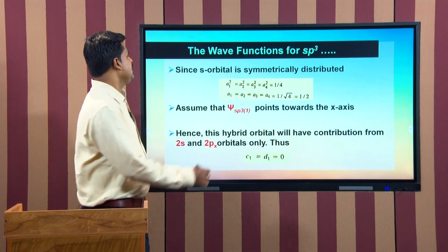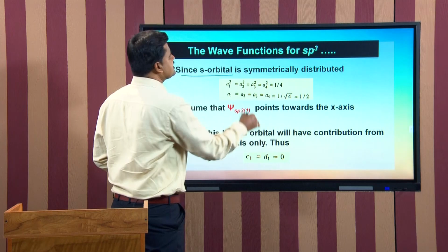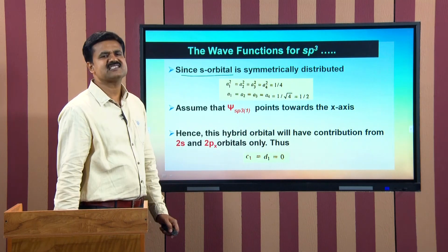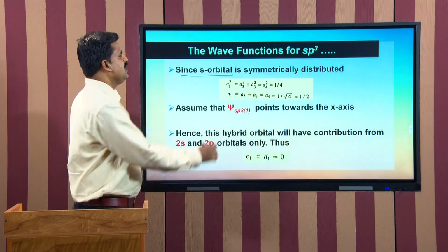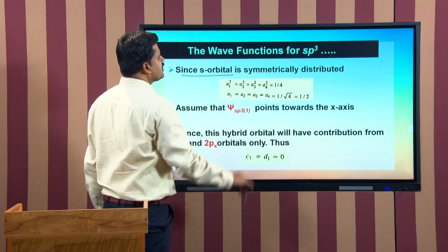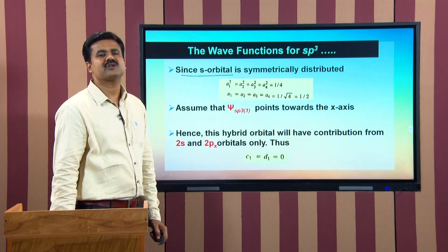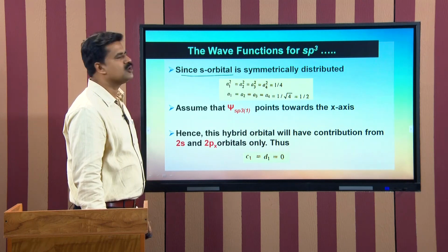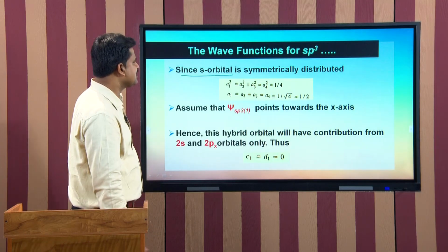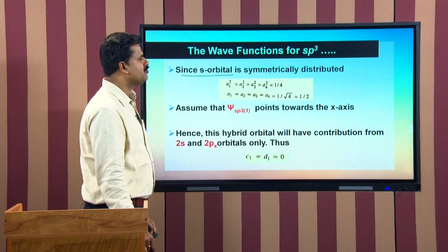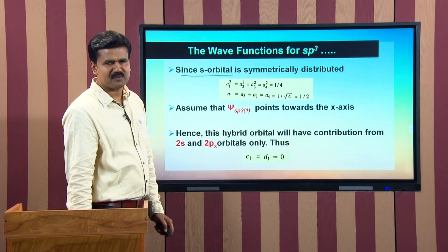First of all, it should be noted that the s orbital is spherically distributed, and since the s orbital is spherically distributed, A1 square equals A2 square equals A3 square equals A4 square. Since there are a total of 4, the result will be equal to 1 by 4. Or simply we can say that A1 equals A2 equals A3 equals A4 equals 1 by root 4, that is equal to 1 by 2.